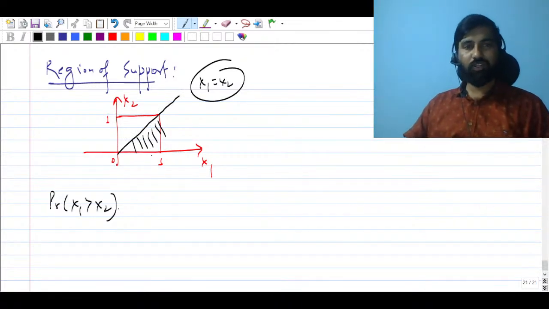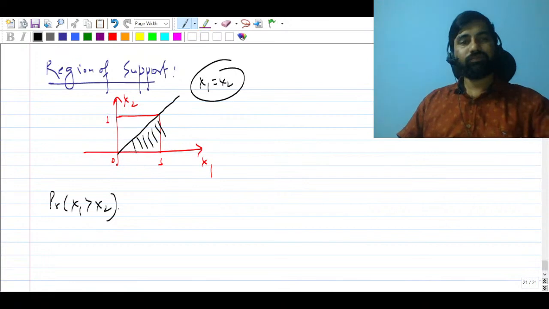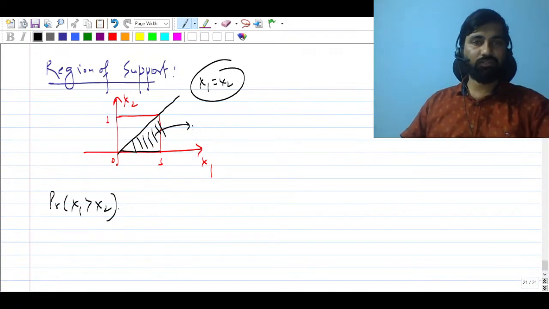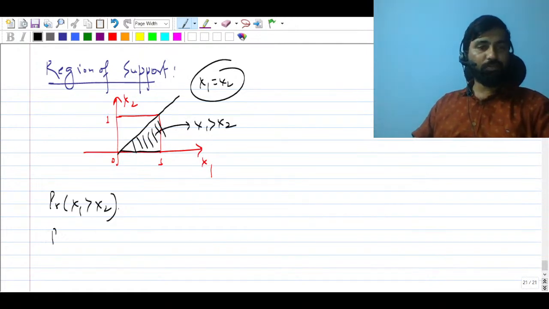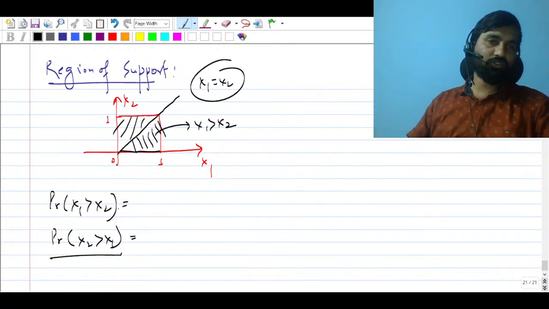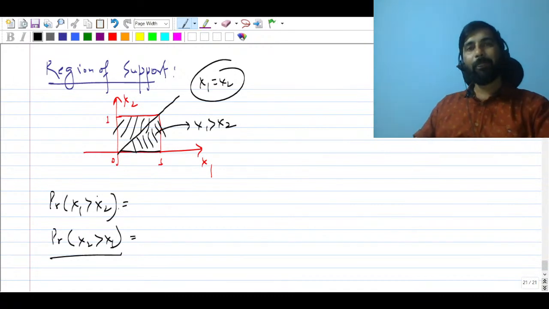This region is where x1 is greater than x2. And if they ask what is the probability that x2 is greater than x1, again on the same region of support, this is going to be the x2 greater than x1 region.